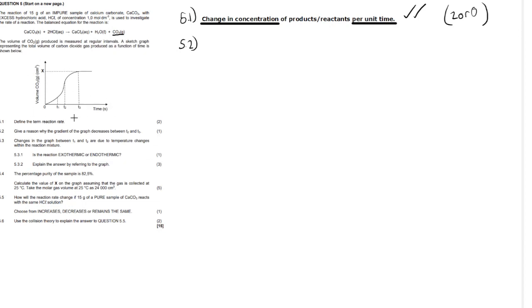And so if they're talking about reaction rate in the previous one, they like to talk about reaction rate now. And so the gradient of the graph, change in volume or change of some substance per time, that is reaction rate. So the reaction rate is decreasing. The reaction rate decreases. That's why the gradient decreases.